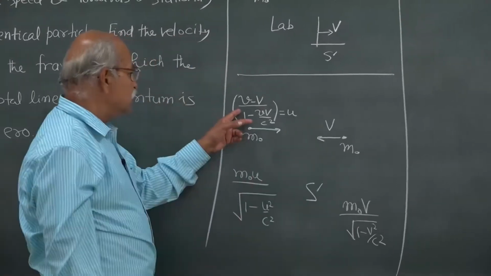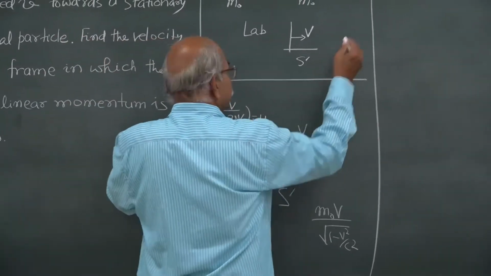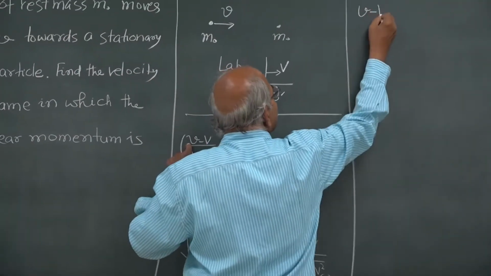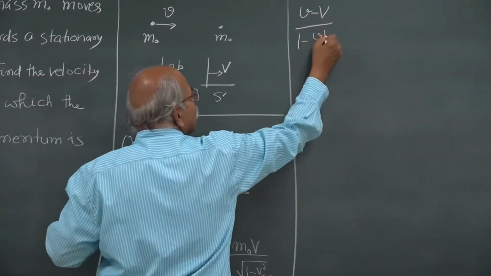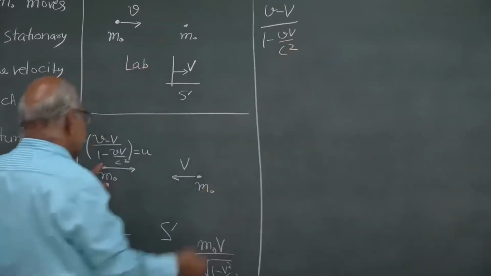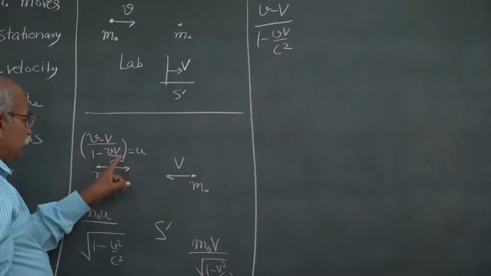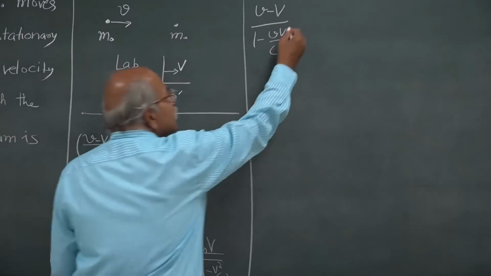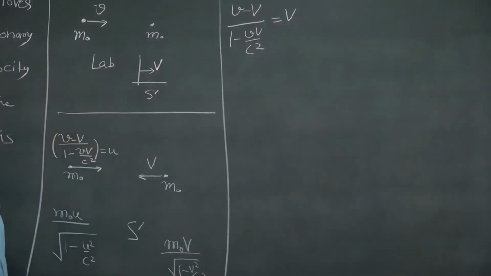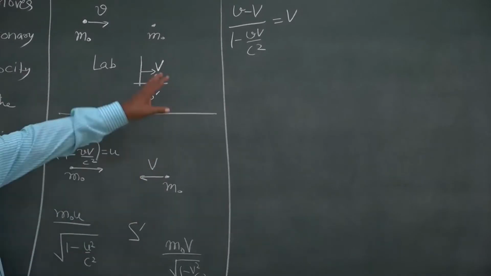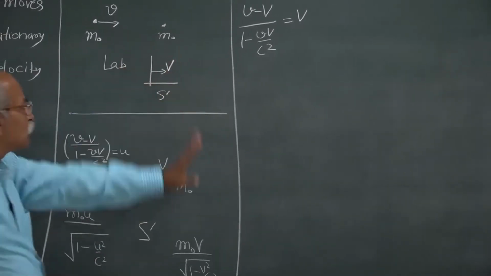So, our equation is this: small v minus capital V divided by 1 minus small v capital V by c square, and this should be equal to capital V. We can obtain capital V from here, but it is a quadratic equation.